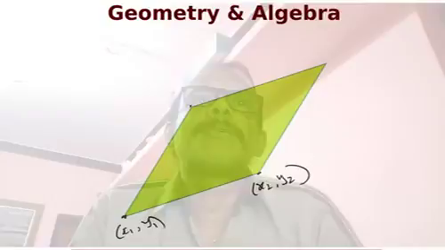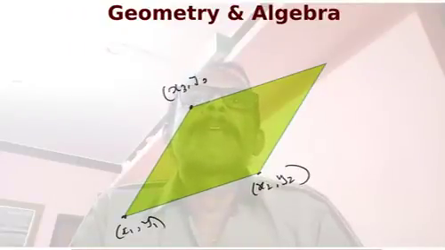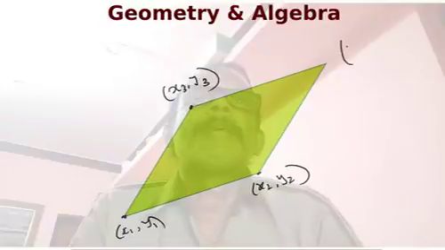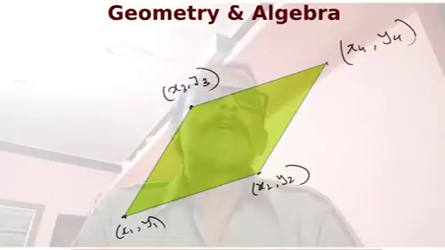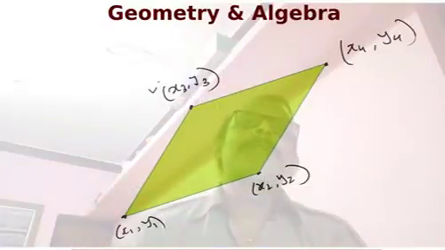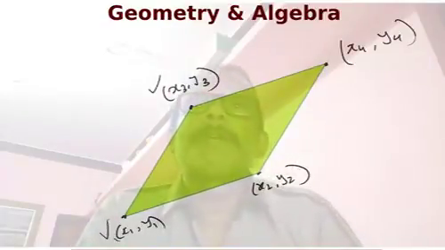Here a parallelogram is given. Now mark the points. Let the coordinates of these points be (x1, y1), (x2, y2), and the third point (x3, y3). We have to calculate the fourth vertex. Suppose that we know these three.